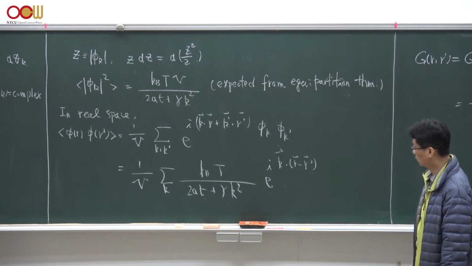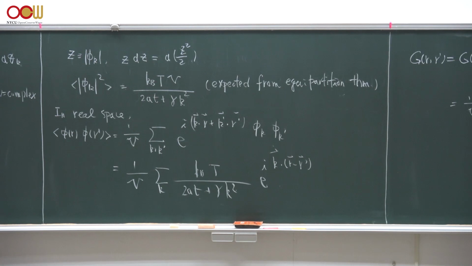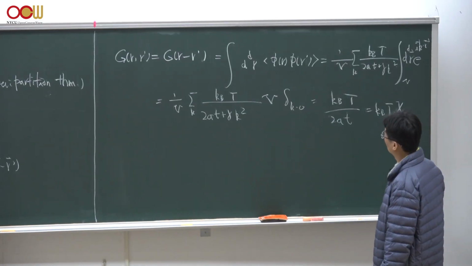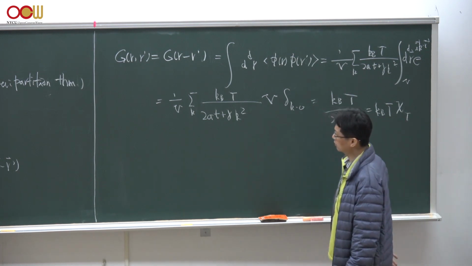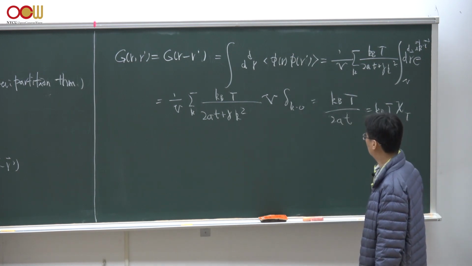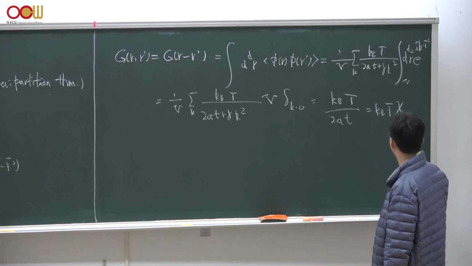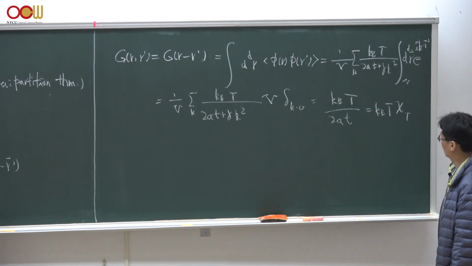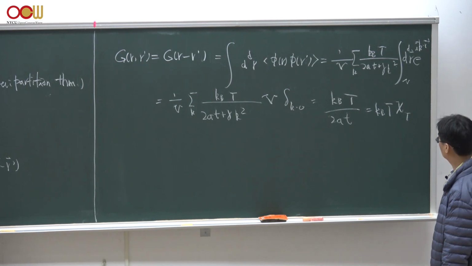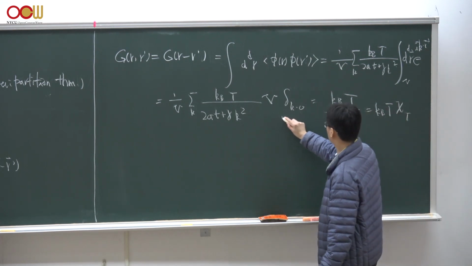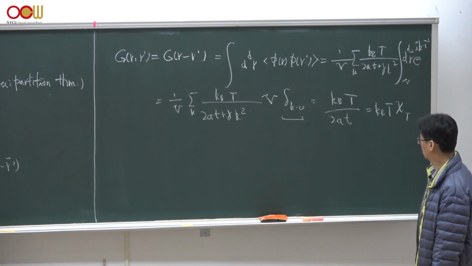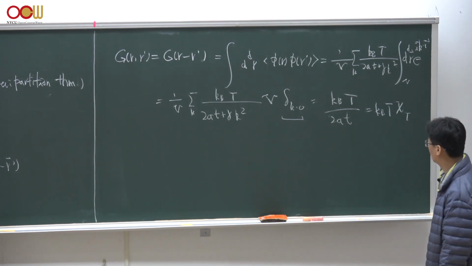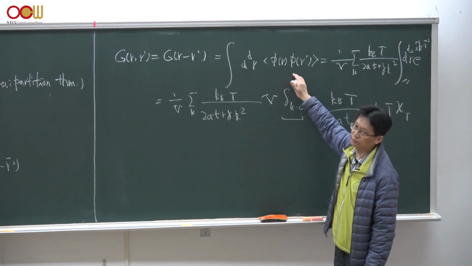But you could check a simple limit, which is the static limit when k equals 0, where you simply perform the real space average of this phi-phi correlator. You can perform such a real space average pretty easily, which leads to nothing but k equals 0, or in a uniform situation where you simply take the real space average of this phi-phi correlation function.